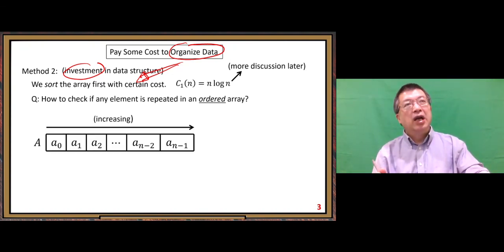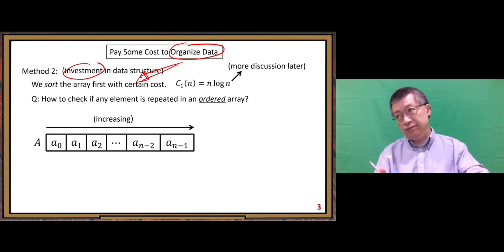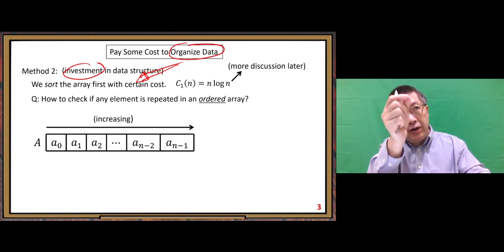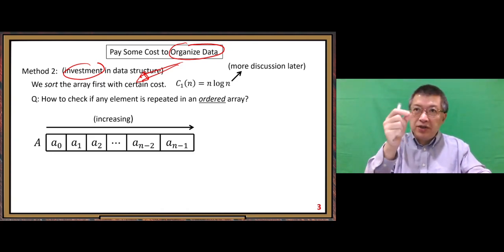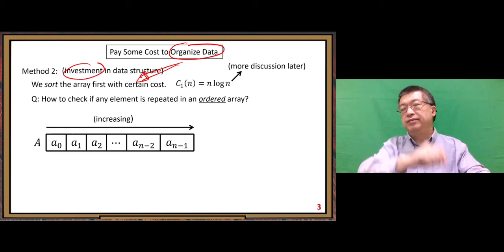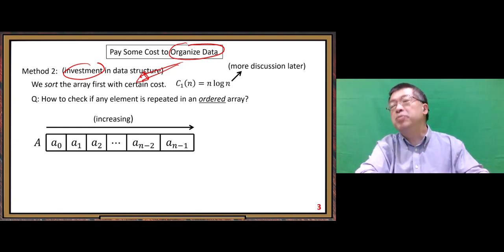Let's see, can we do better than comparisons in an unordered array? Can we do much better?